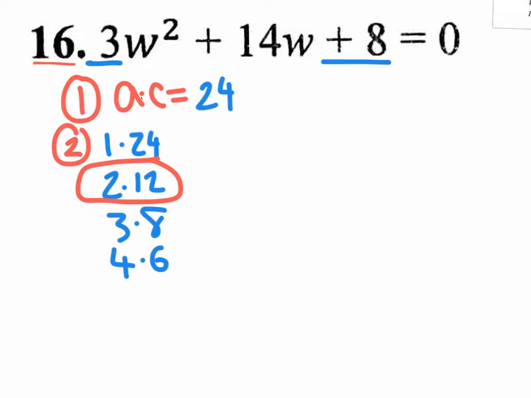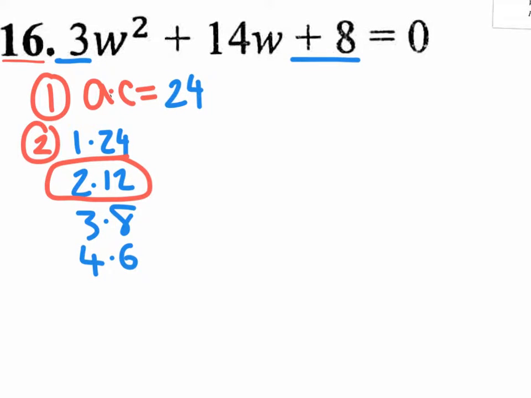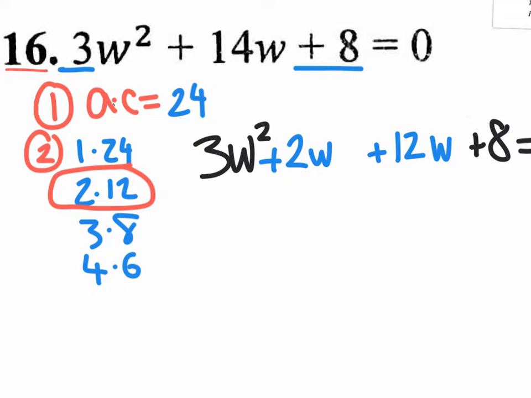Step 3 is a little bit more interesting. Step 3 is where you rewrite this whole thing, but instead of 14W, you're going to write it as 2W plus 12W. So again, you're going to rewrite the whole thing, but instead of 14W, you're going to replace it with these two numbers, and of course, you're going to add on the W's to the numbers. So there it is.